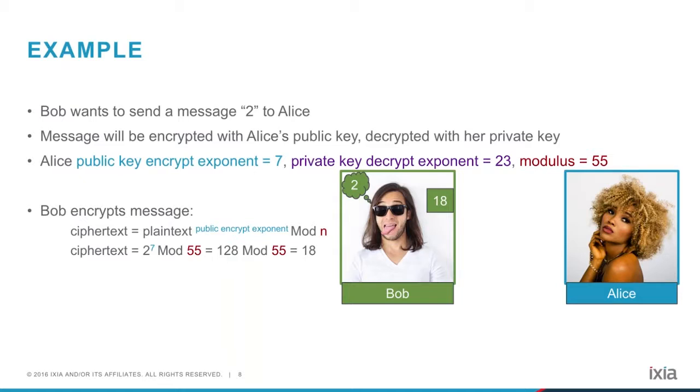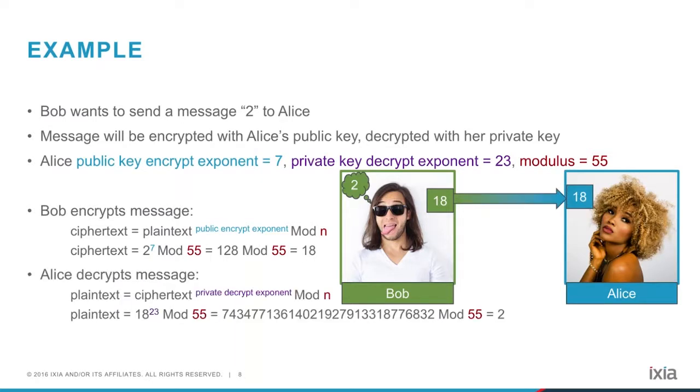Okay, now, and this to me is really where the magic is. Decryption of that message is really simple, and it's basically the inverse. So to do the decryption, I take that encrypted message, the ciphertext, raise it to the private decryption exponent, and then take the same modulus. So that's 18 to the 23rd power, mod 55, and you'll have to trust me on the math on this one.